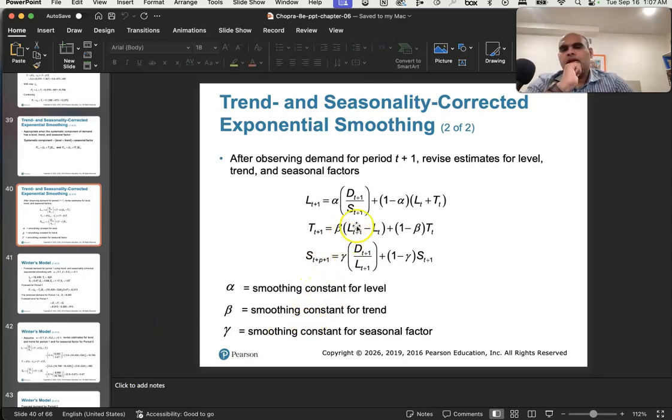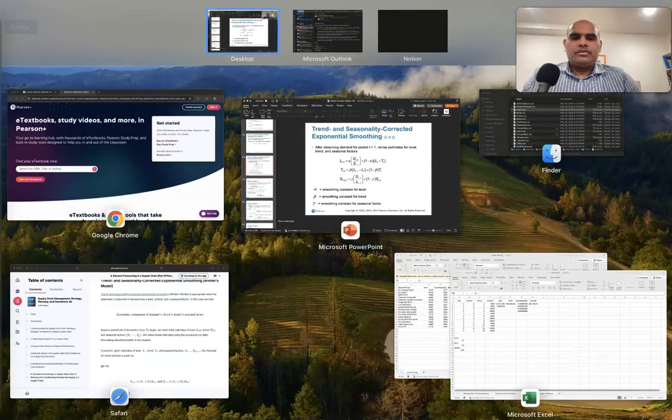Right. Let's calculate trend and seasonal index in the same way. Let's begin with trend first.